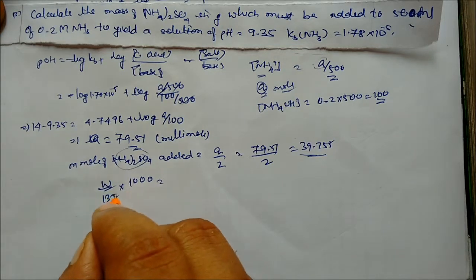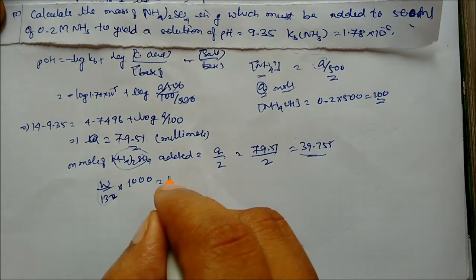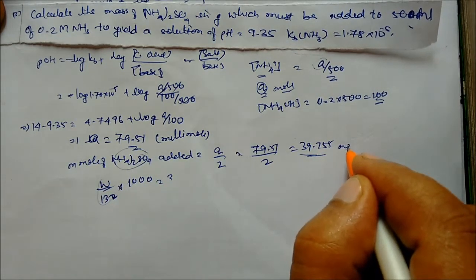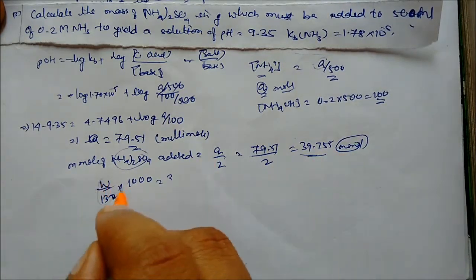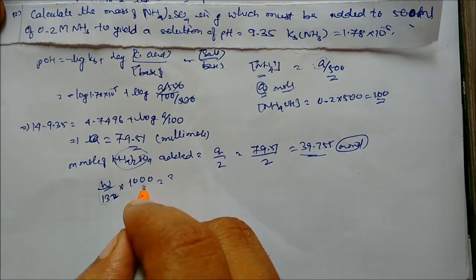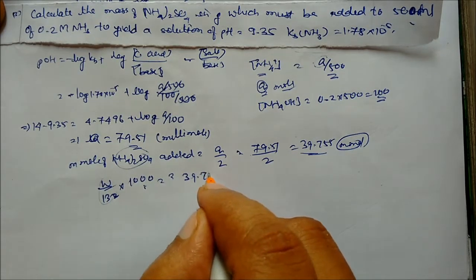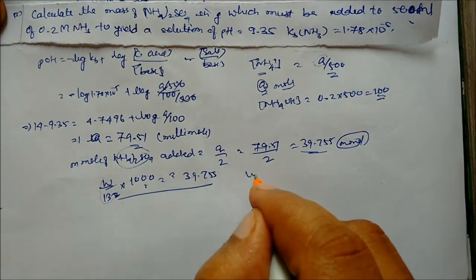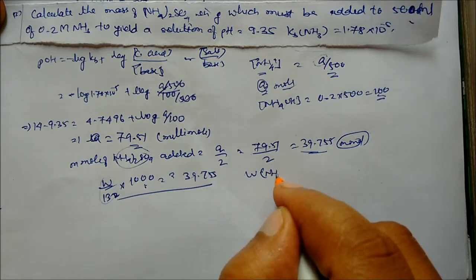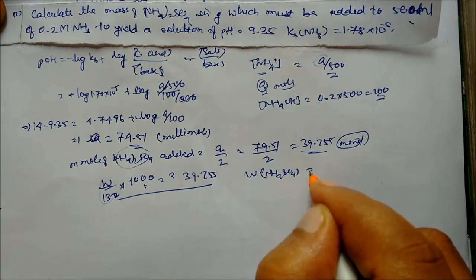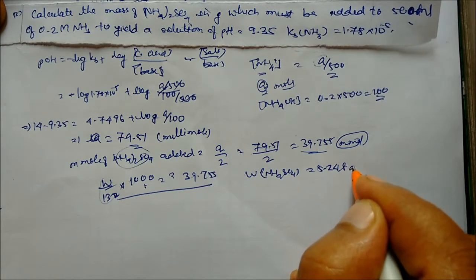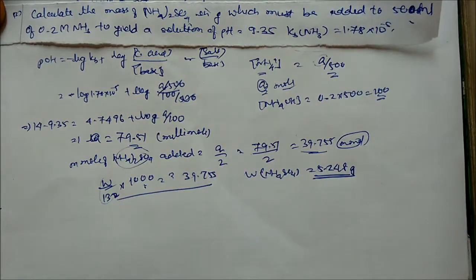Weight is the millimoles, so weight into 1000 will be your millimoles, which is 39.755. On solving, the weight of ammonium sulfate will be equal to 5.248 grams. So this is our answer.